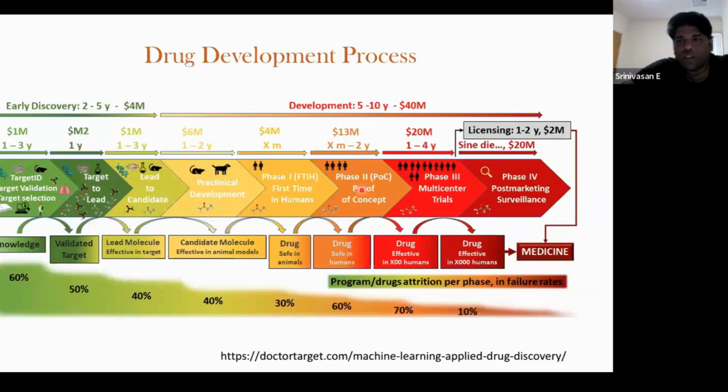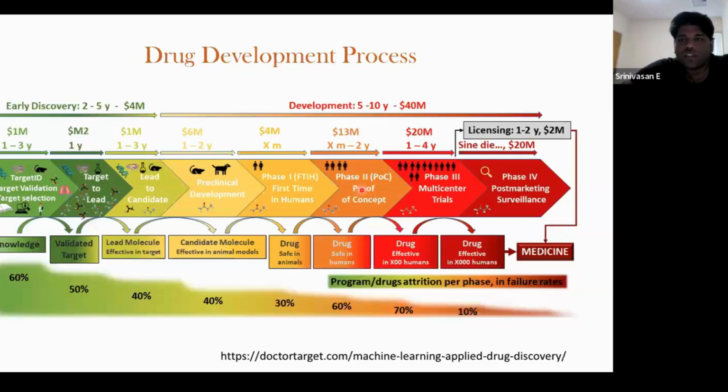Then they go for different ethnicities and try to find how much side effects the drug gives, what its effectiveness and efficacy are. Once that is done, it goes to the final stage of FDA approval, and then it comes out as a medicine.